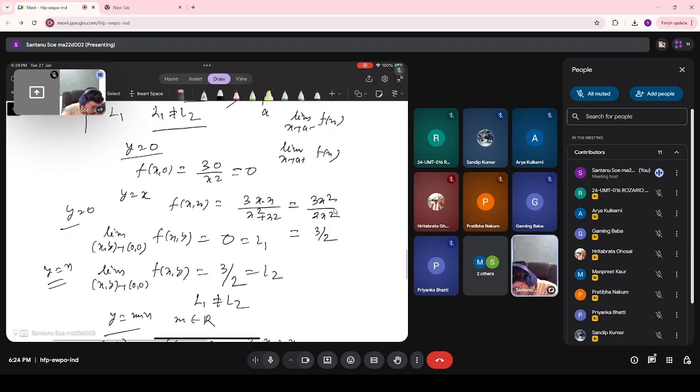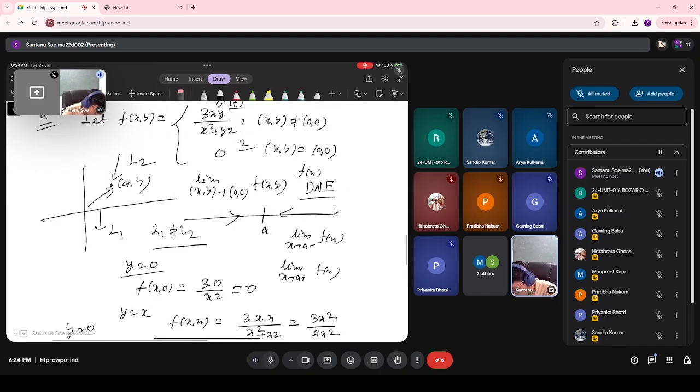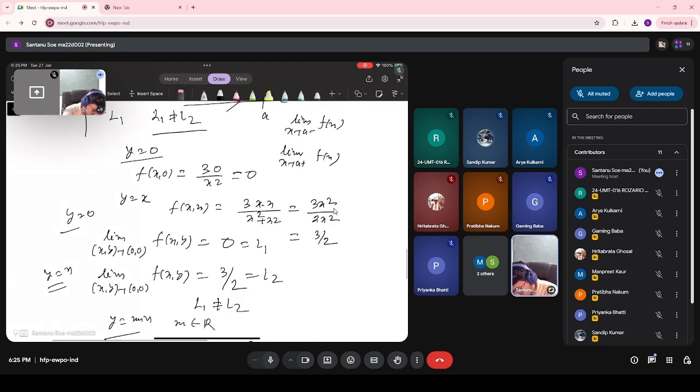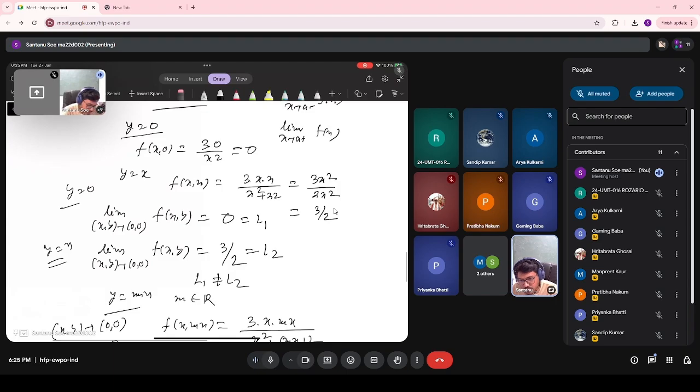And if you choose the path y equals x, then this will be 3 into x square divided by x square plus x square, right? So then you are getting 3 by 2. That means along two different paths, you get two different limits, and that should not happen. If the limit exists, it should be equal for every path possible, in every direction.